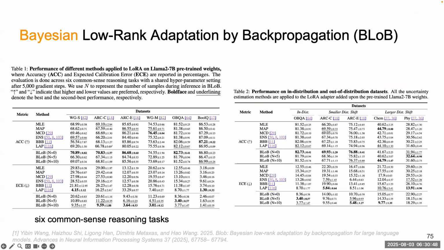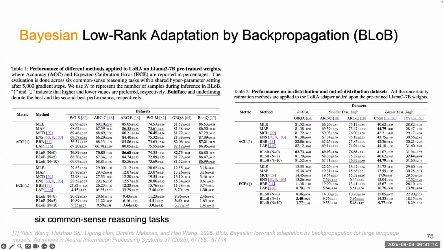They conducted experiments on 6 reasoning tasks. The baseline methods are maximum likelihood estimation, like this supervised fine-tuning method, and also Monte Carlo dropout, and deep ensembles, and also the previous one, Laplace LoRA.